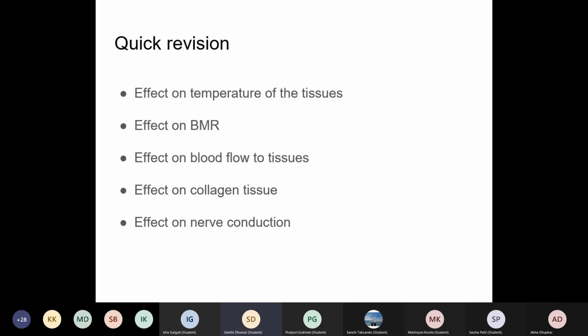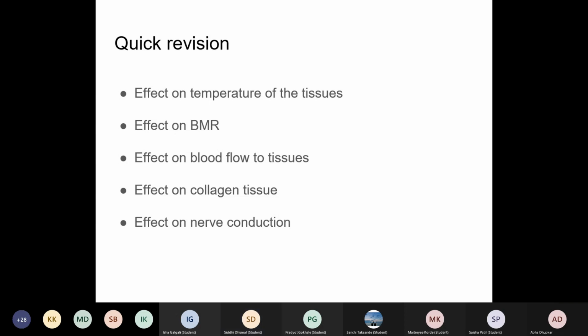So you have got multiple effects on nerve conduction as well. The first thing, conduction velocity increases. Very good. So thickly myelinated nerves are going to carry impulses much faster as compared to thinly myelinated or unmyelinated fibers, which means your pain is blocked over here.